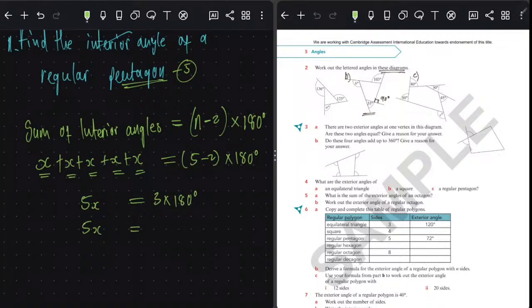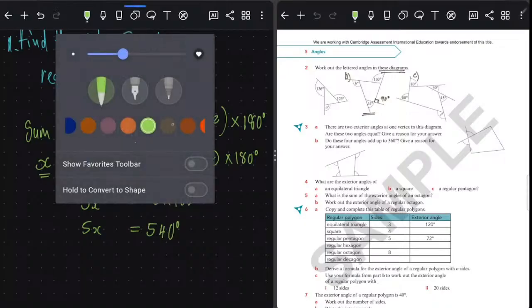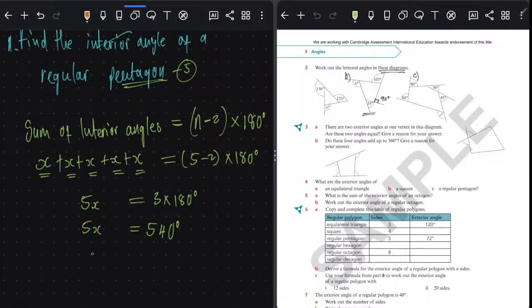Surely you know. 3 times 180. 540. Good. Now, how do you get x? It will be 540 degrees divided by 5.